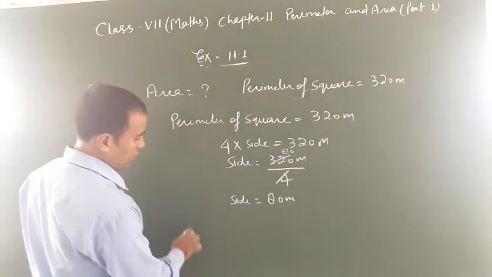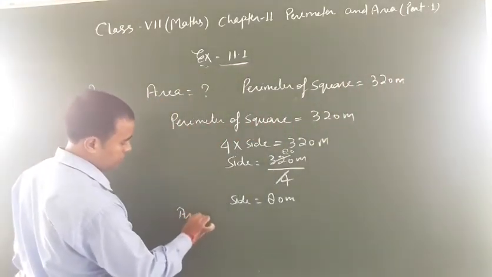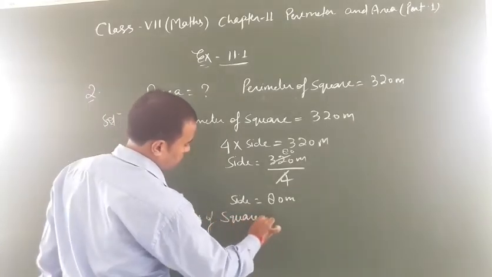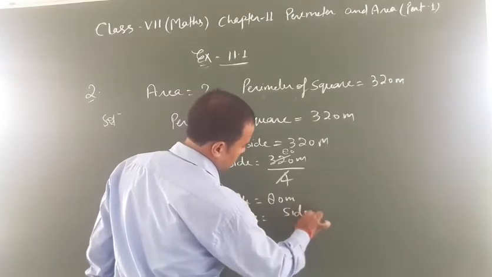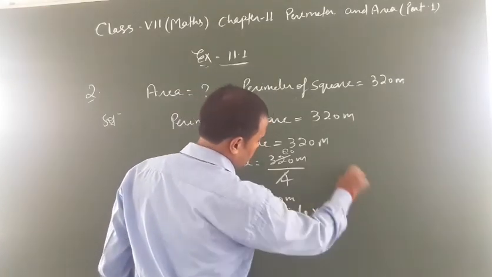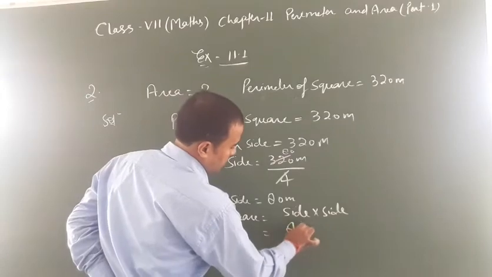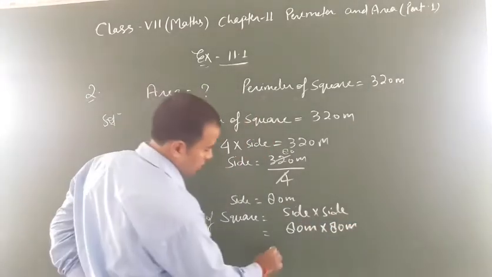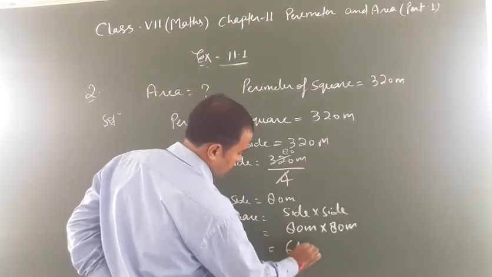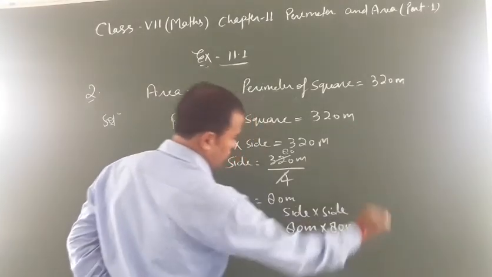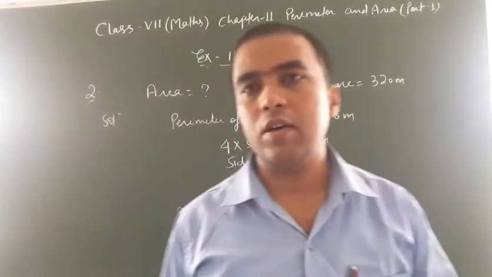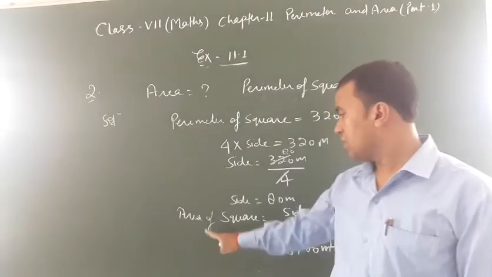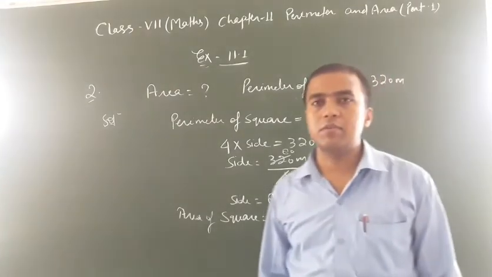Area of square formula: area of square equals side into side, 80 meter into 80 meter. 8 eights are 64, so 6400 meters. What was the area of the square? Area of square is 6400 meters.